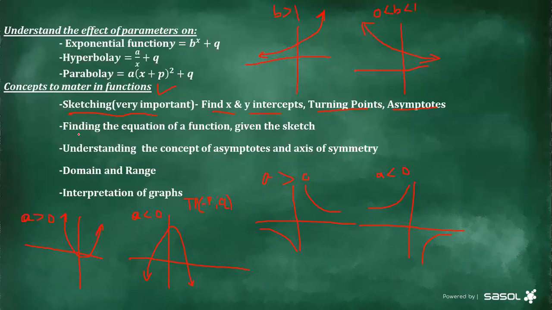We also have to be able to find the equation of the function if the sketch is given. Understanding the concept of asymptote and axis of symmetry is very important. You must be able to determine the domain and the range, and interpret the graphs. That's also important, but domain and range, asymptote, and axis of symmetry we are going to discuss later on.